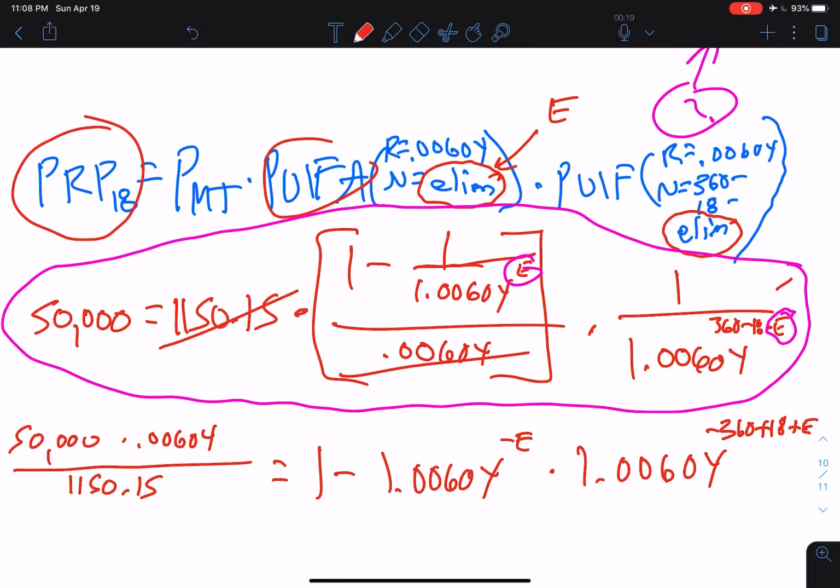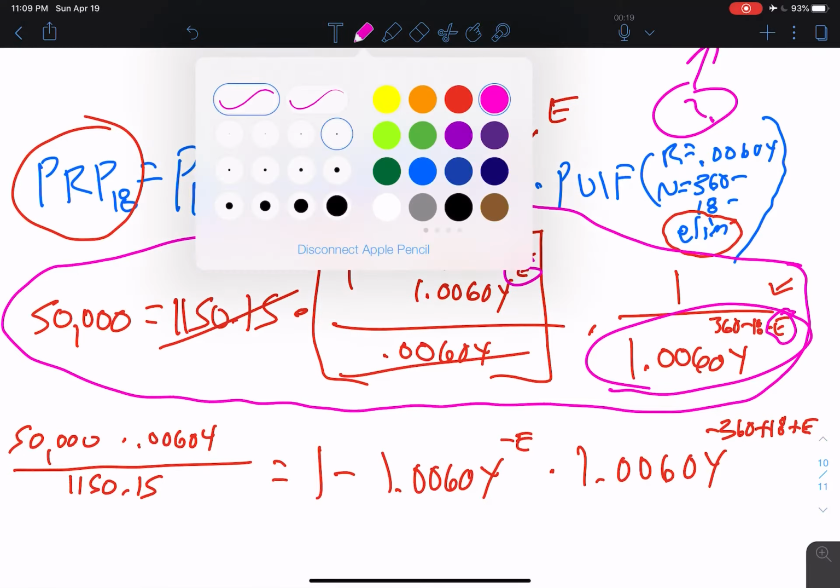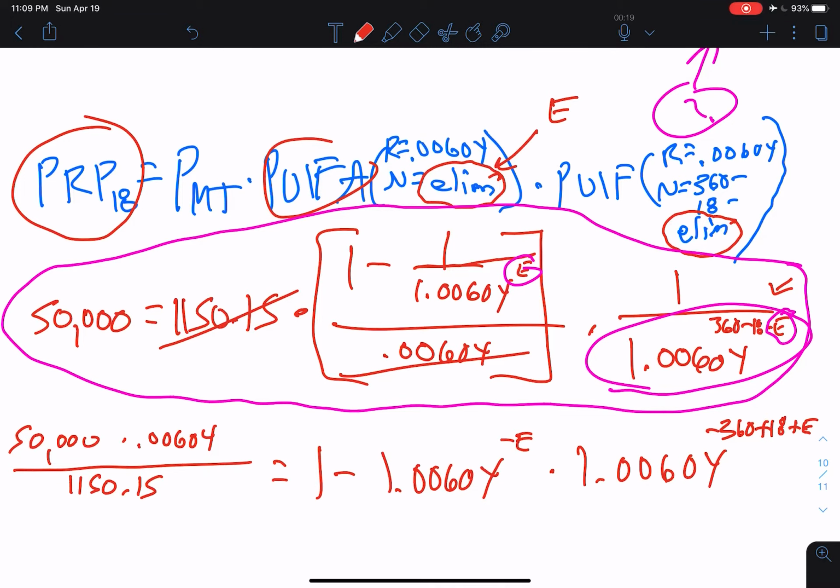Up here, it was 360 minus 18 minus E. Now I'm multiplying it by minus 1 because I'm bringing this term up top. Multiplying that by minus 1 gives us negative 360 plus 18 plus E.